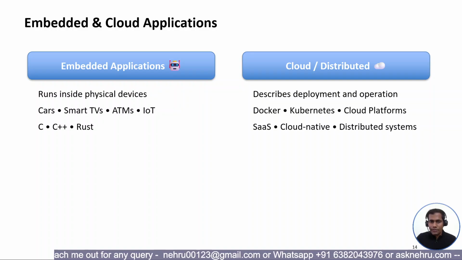And on the other hand, we should understand about the cloud applications. So cloud is slightly different from web or mobile. Cloud often describes where and how an application is deployed and operated. For example, you may build a web application using Angular and Spring Boot, then deploy it on cloud infrastructure.